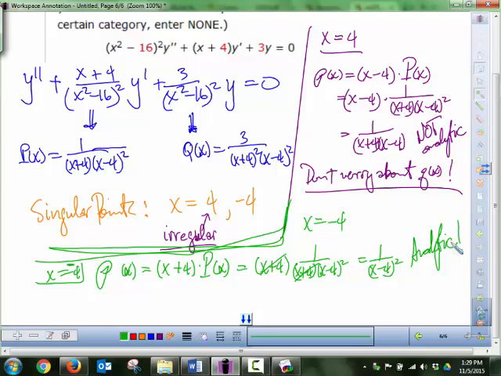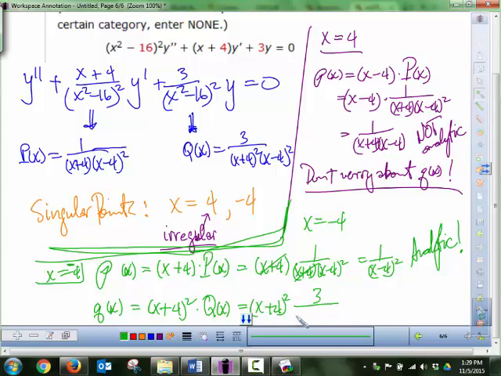So that's great. We'll check the Q function to see if it satisfies that also. Q of x is equal to, remember for the Q function you're multiplying with multiplicity 2, x plus 4 quantity squared times capital Q of x. Capital Q of x happens to be this, after we've factored and worked things out.